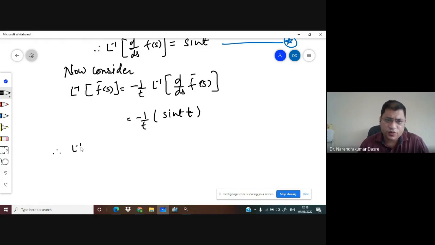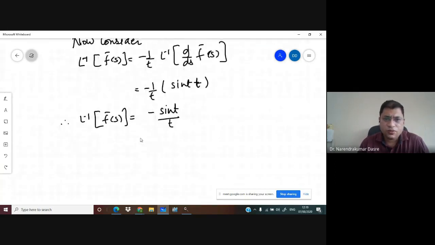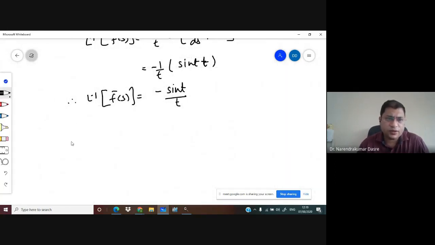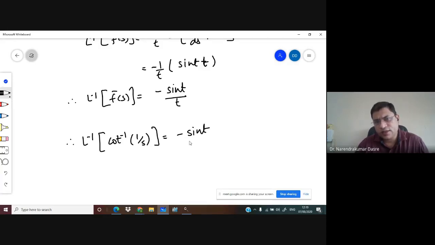And hence we got Laplace inverse of f bar of s is equal to minus sine t upon t. So what we are calculating is the Laplace inverse of cot inverse of 1 by s, and that is minus sine t upon t.